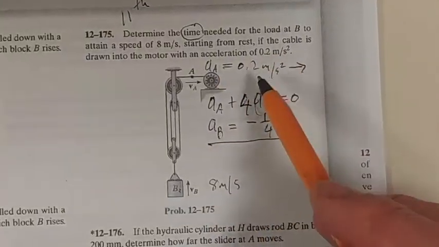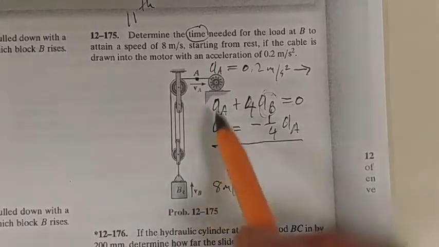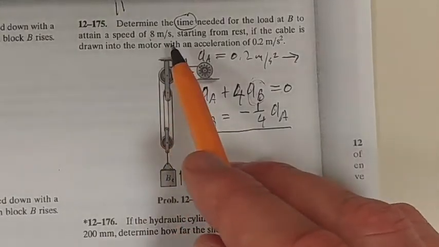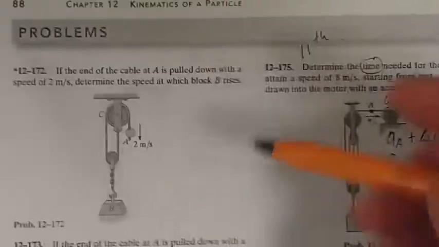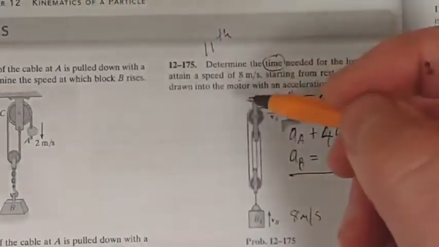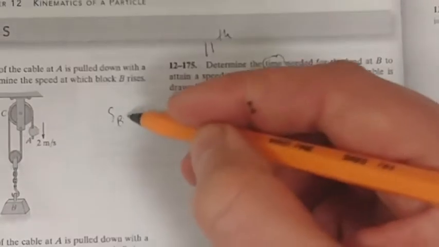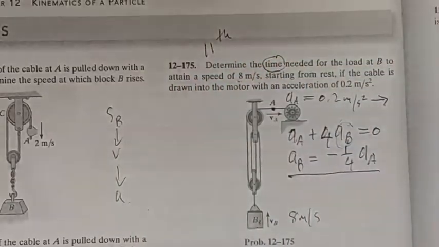But what are we trying to do? We have the acceleration at point A. That's what we're given. But we're trying to find the time it takes for the velocity of B to reach 8 meters per second. With the other problems, remember we started at positions, and we went to velocity, and we went to acceleration.